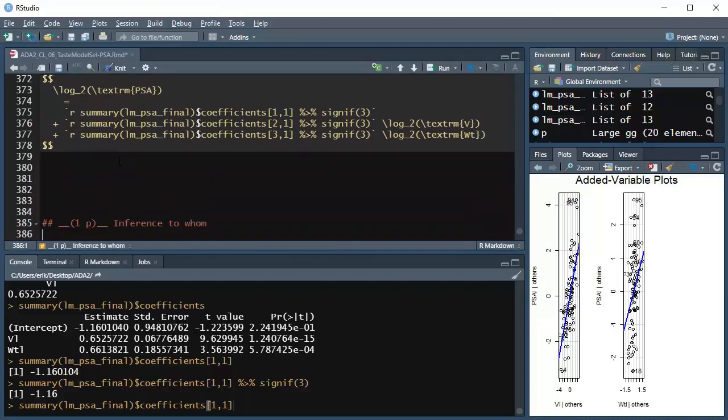Now, what's the generic interpretation of a beta coefficient?